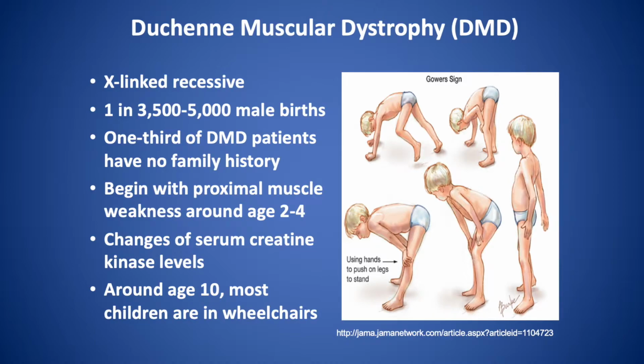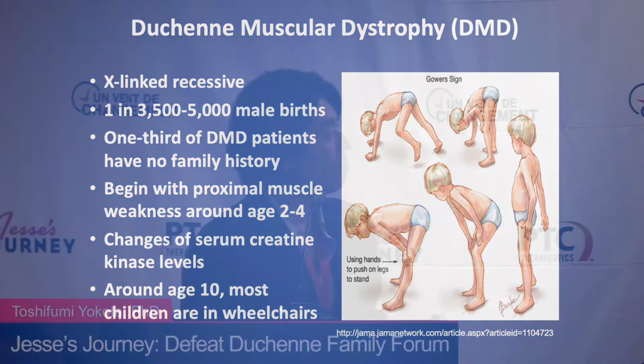This is basically a kind of biomarker in DMD. They have lots of this enzyme that should be in muscle fibers, but it is released to the bloodstream, so they have elevated levels of creatine kinase in serum. So this is a very important biomarker. And around the age of 10, most children are wheelchair bound.